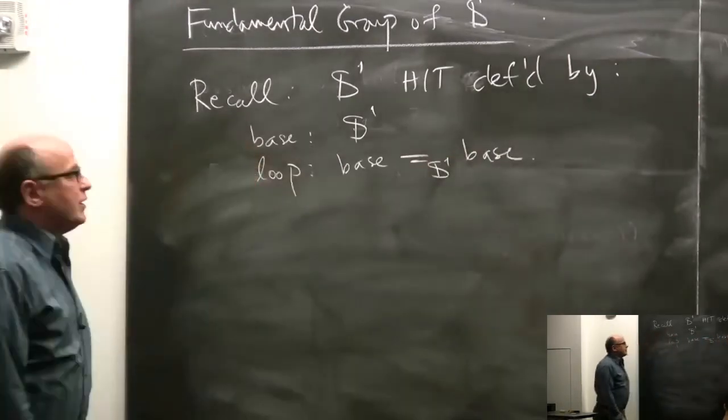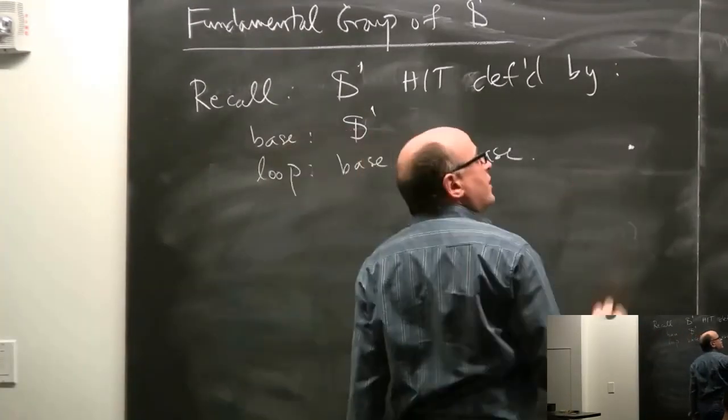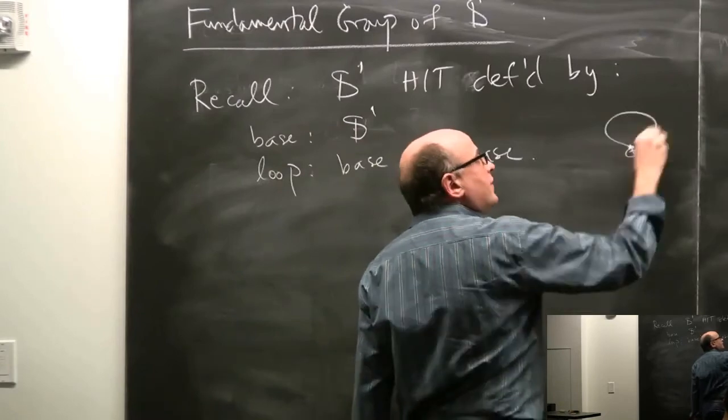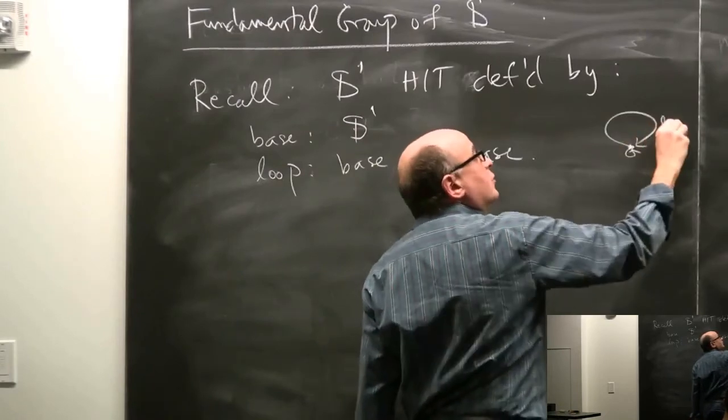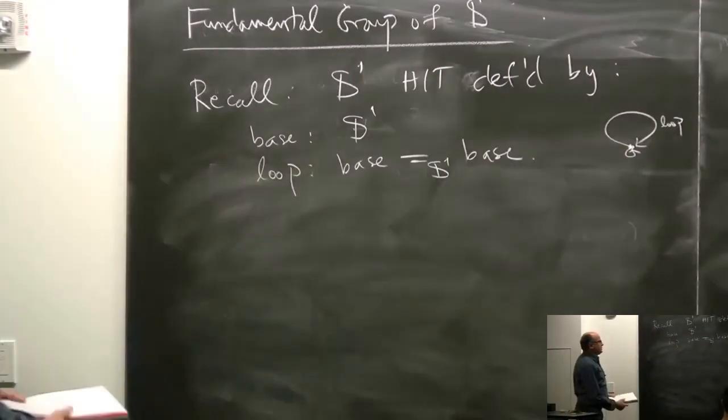It's written like that. So the obvious picture is that we have the base point B. There's always a little reflexivity guy, and then we're throwing in another thing which we're calling loop. So it looks kind of circular, so it seems like a good thing.